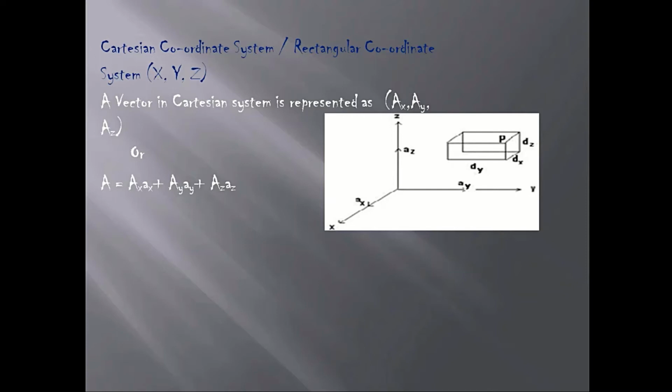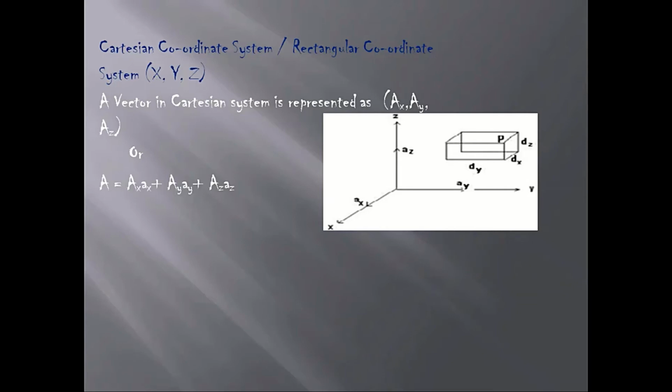Capital Ax, capital Ay, capital Az are the vector components, and small ax, ay, az are unit vectors which are multiplied and added together to get A.